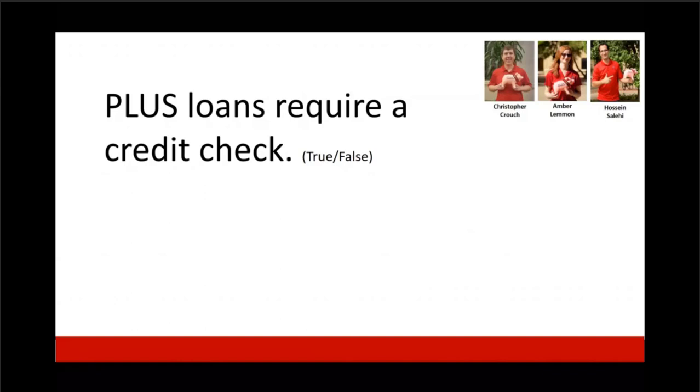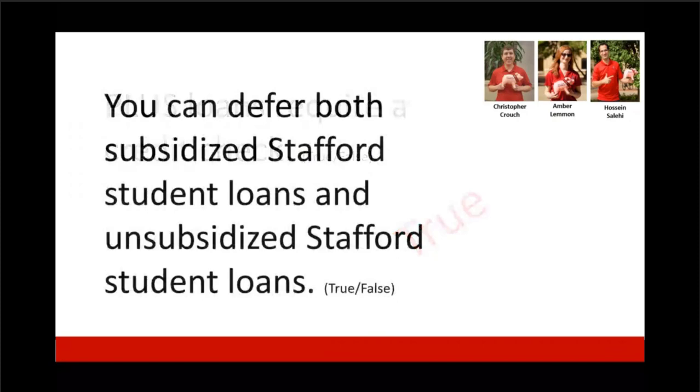True or false? It's true. You're going to have to apply for this kind of loan just like you would a normal loan through like a bank or something like that. So you're definitely going to need a credit check. That's going to affect the rate that you get.